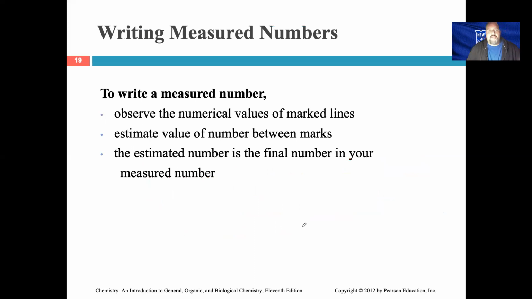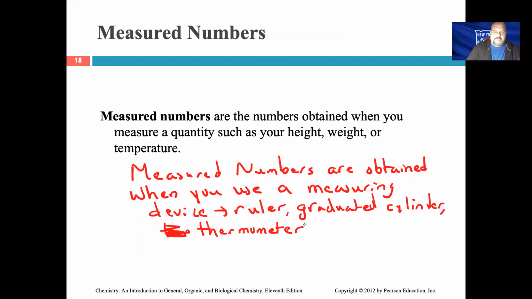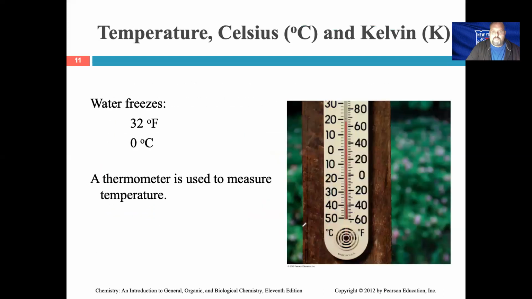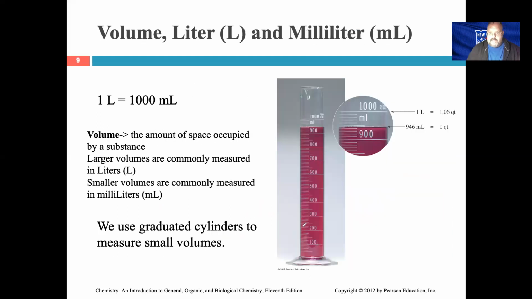Now, to write a measured number, you observe the numerical values of marked lines. In other words, you want to interpret exactly what the lines on the instrument represent. If you go back to the example of the graduated cylinder that we have here, this is an example of a 1,000 milliliter graduated cylinder.